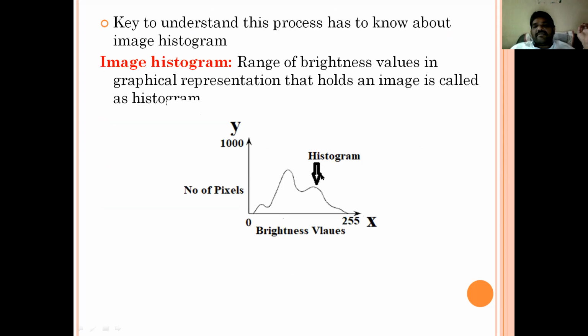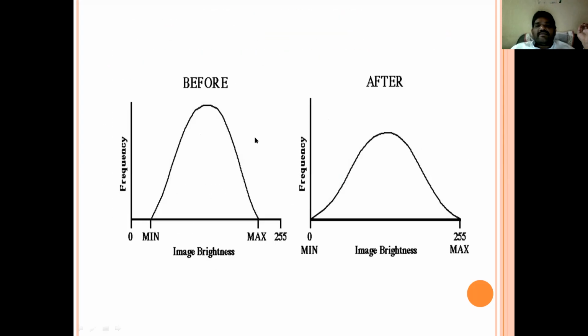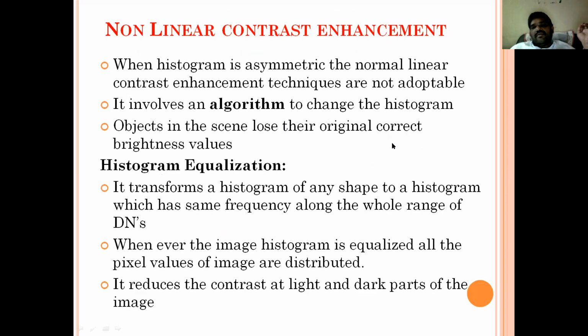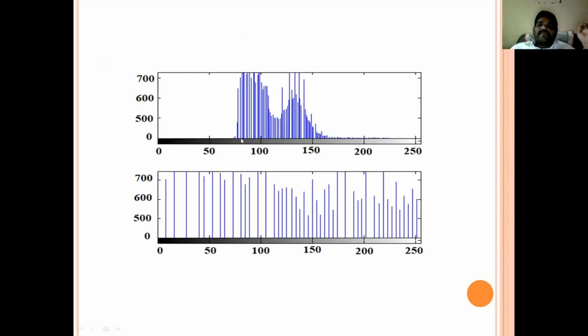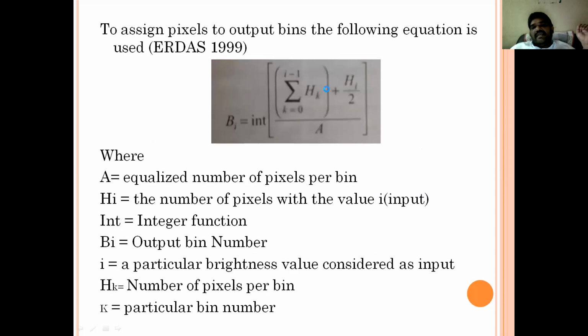Now, if we go for an attempt, the histogram will be like this, with so many curves. That is the reason it is an asymmetric histogram. In these cases, it is divided into a number of bins and each bin consists of an equal number of pixels.